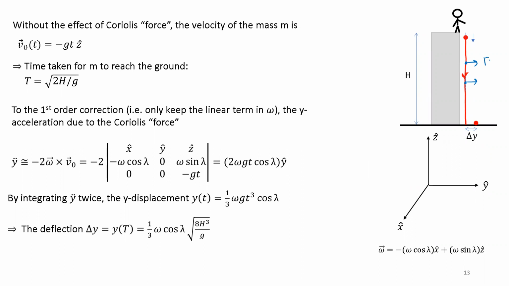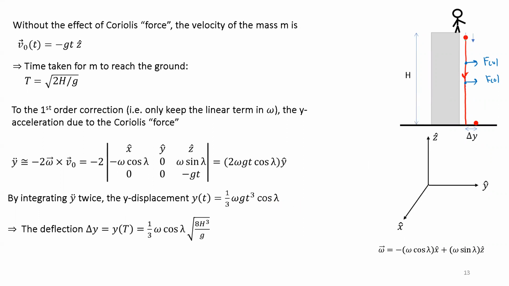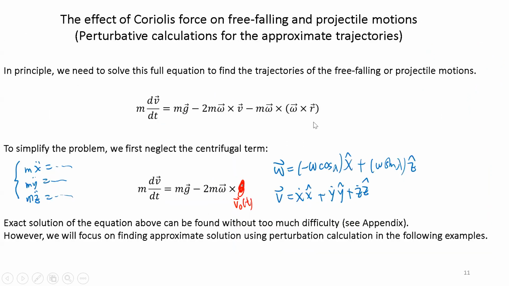And at the end, you will find that the trajectory will look something like this. And as I said, this is not the exact correct solution. This is the approximate solution only. Because after all, this term itself should not be v naught t, it should really be the real v of t.